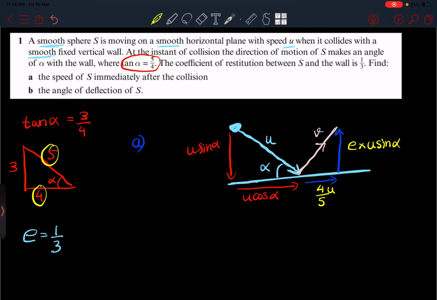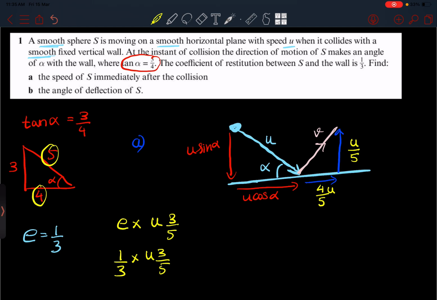And I know that E is 1/3, so this is 1/3 times 3 over 5. So the vertical component would then be U over 5.